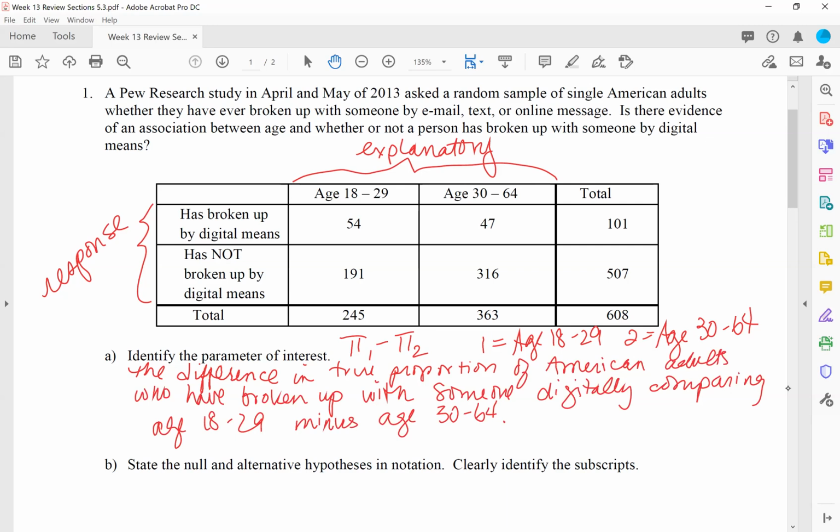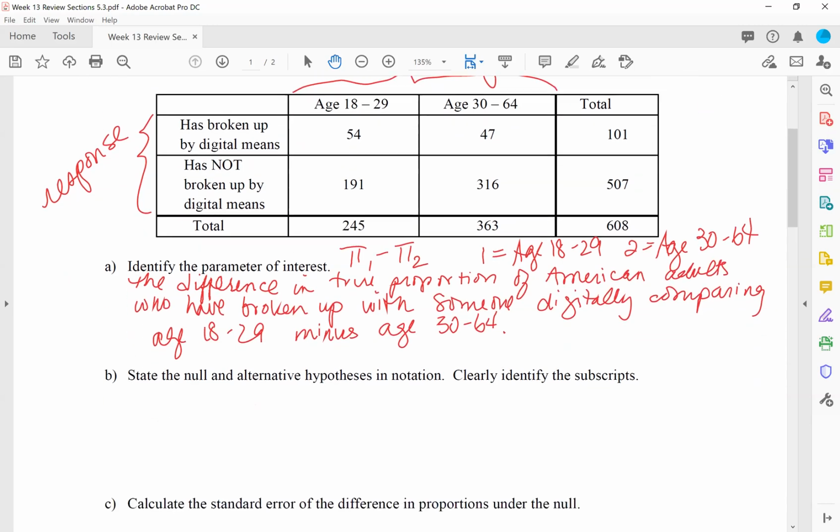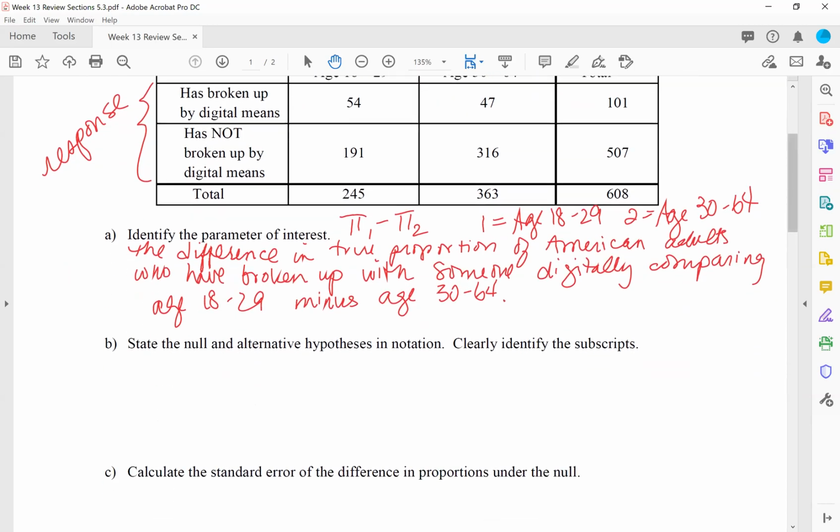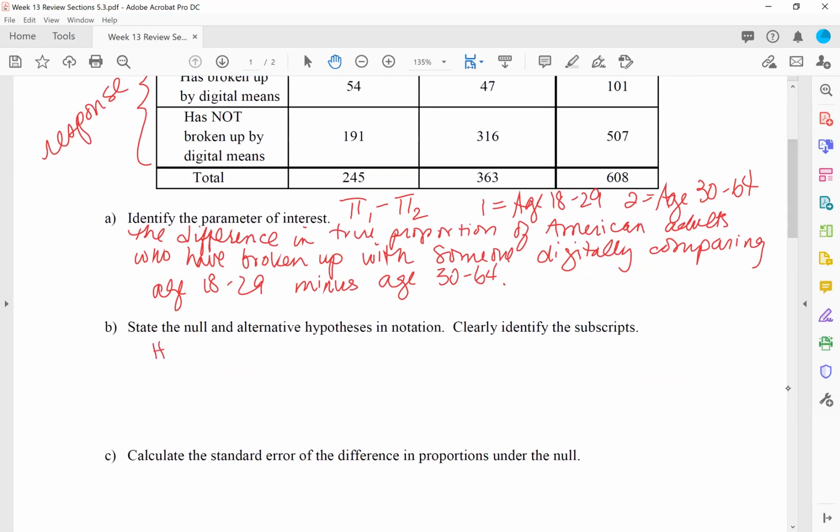Any questions on that? No, thank you. Okay. All right. So if you think about notationally our null and alternative, what do we assume is true in our null? There's no association. Okay, no association. So notationally, we could say that pi1 is equal to pi2, or we could say pi1 minus pi2 is equal to 0. And again, identifying our subscripts.